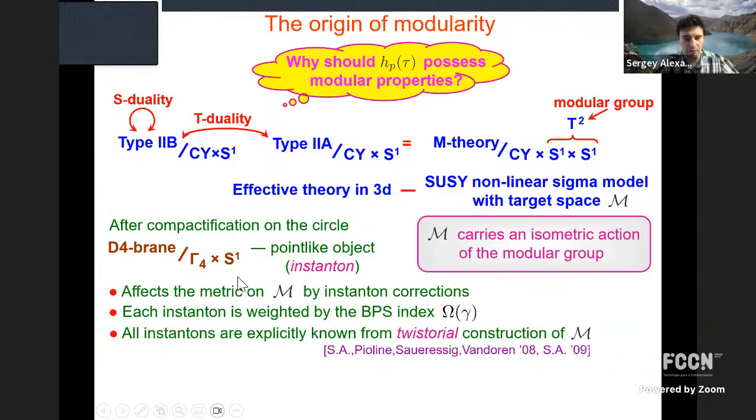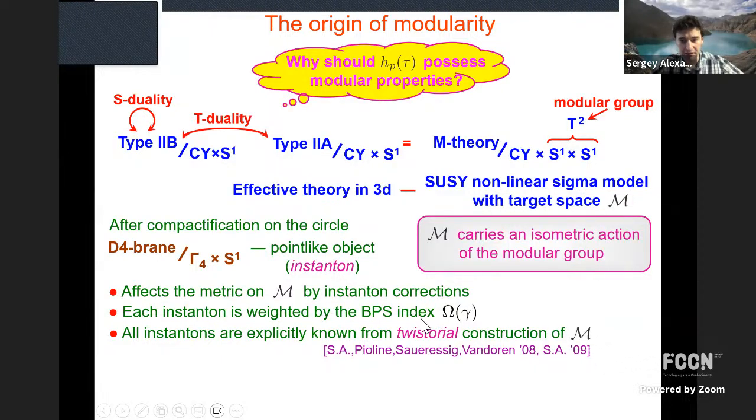And moreover, these instanton corrections, as already mentioned in the introduction, are weighted by the BPS indices, omega of gamma. But the good news is that we know how to compute all these instanton corrections. So we did it 15 years ago already. So there is a twistorial construction of the full non-perturbative metric on this target space M. So you see, what do we have?